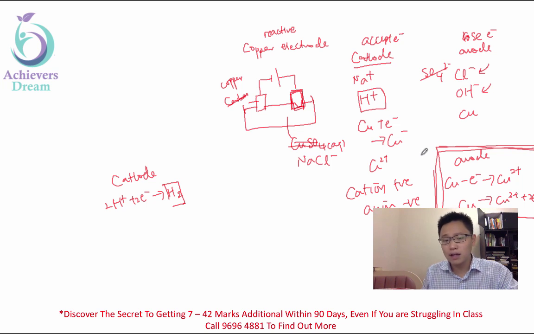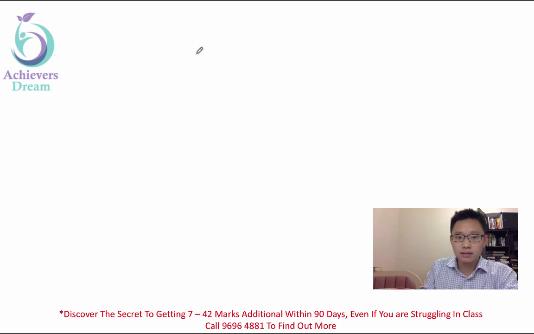Alright, this was example 4, and I pretty much let you know electrolysis through 4 different examples. The last things you have to know in electrolysis are electroplating, as well as purification of metal.